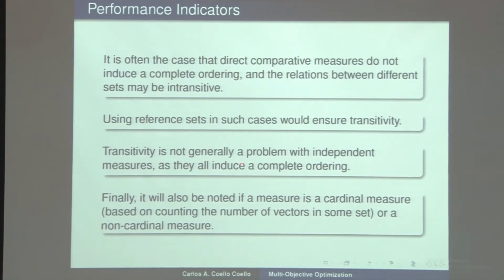So transitivity is not generally a problem with independent measures because independent measures tend to induce complete order. This is more a problem with direct comparative measures. And finally, if a measure is a cardinal measure, which is based on counting the number of vectors in some set, we will indicate that, or we will say this is a non-cardinal measure. Some indicators rely on counting the number of vectors in a set.